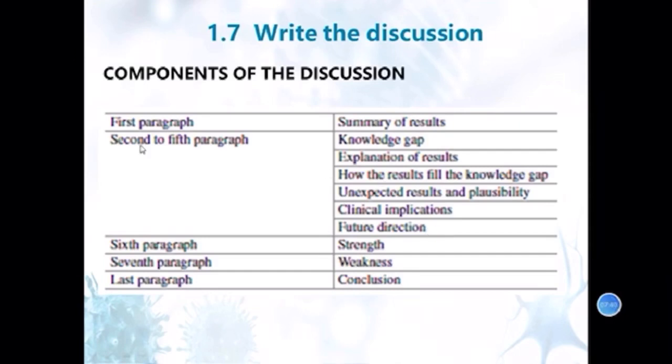This is all included from the second to fifth paragraph. In the sixth paragraph, you should show strengths, and in the seventh paragraph, weaknesses. Then the last paragraph is the conclusion, the take-home message.